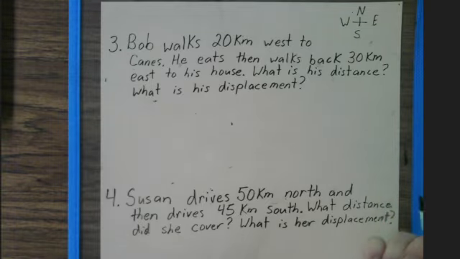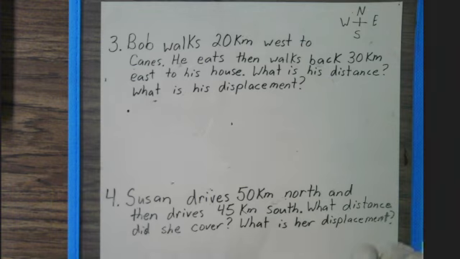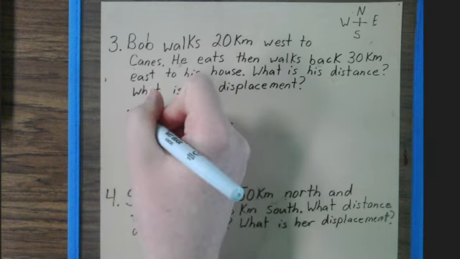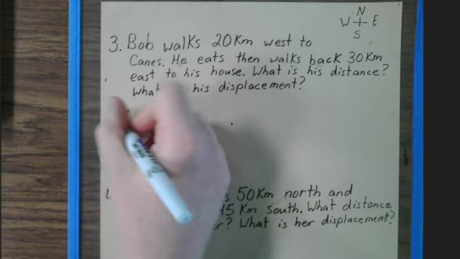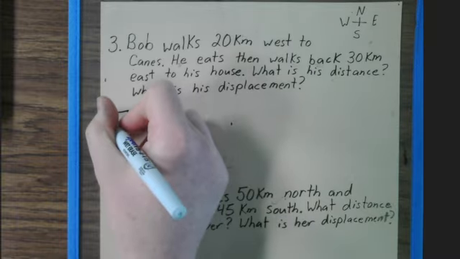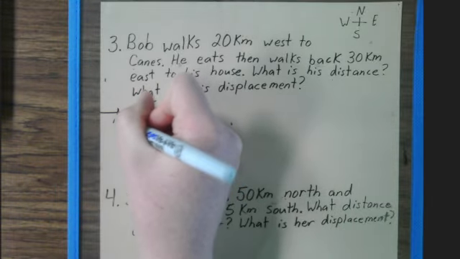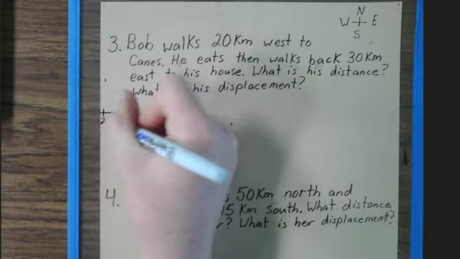Let's draw this picture. So he starts off here and ends up going west 20 kilometers. I'm going to do this by tens. Here's 0 and here's 20.